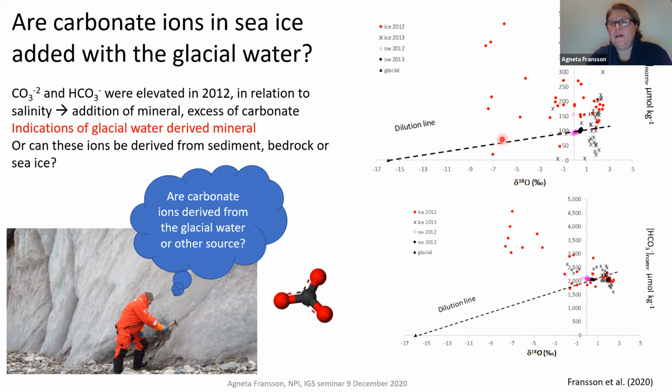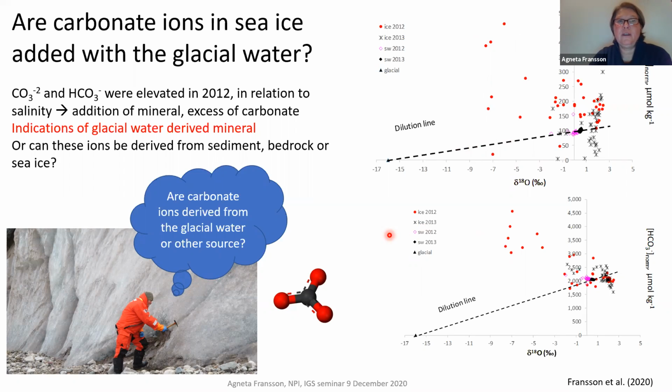We found above the dilution line an excess of carbonate ions and bicarbonate ions, these red dots in the ice in 2012. And we have also these black crosses, which are ice in 2013, and with a positive O18, that means that it's a seawater source, and the negative O18 is the glacier water. So we conclude that this is mainly from the glacier water in the ice in 2012.